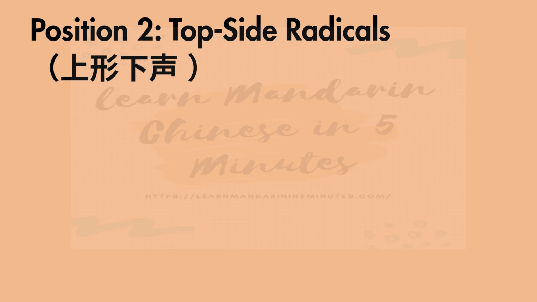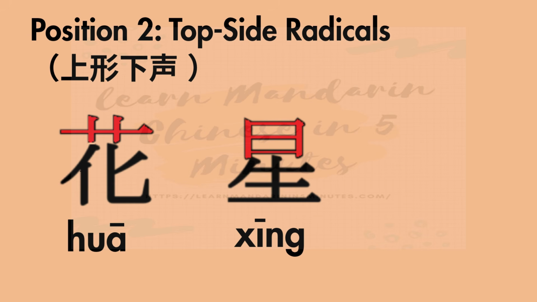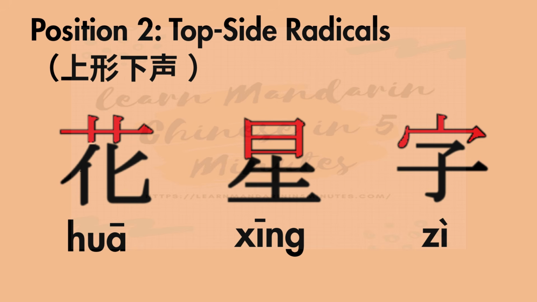Position 2, top side radicals, the second most common. In a top bottom character, the radical is often on the top. Example, 花, the grass radical for flower. The grass radical sits on top, hinting it is plant related. 星, the sun radical 日 on top, connects to light or brightness. 次, the roof radical on top means shelter or home.